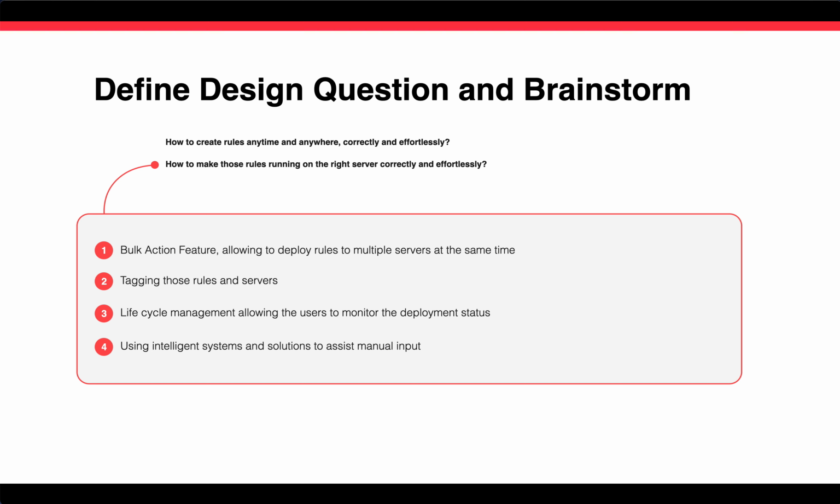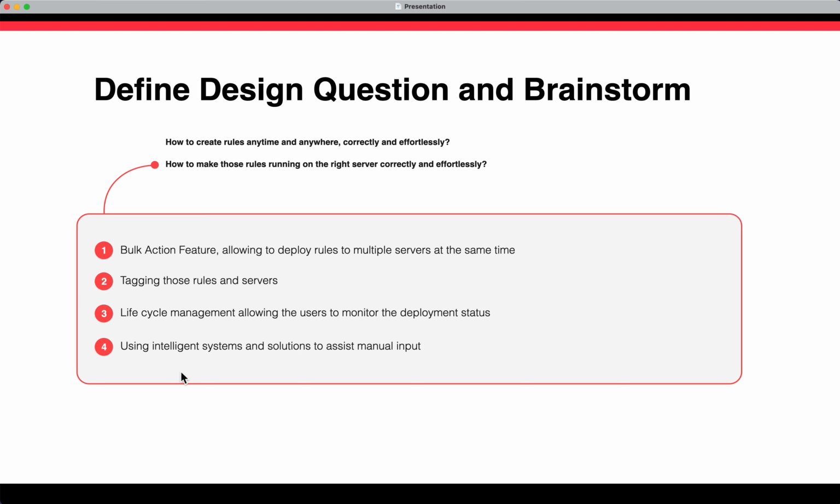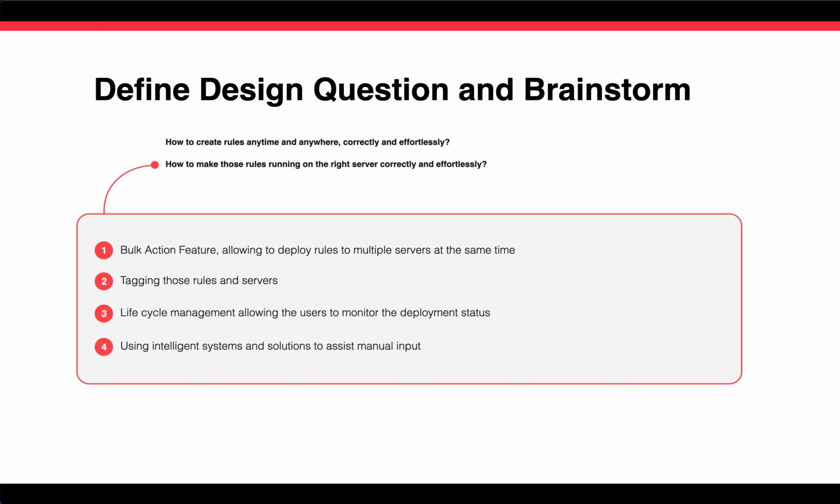For the second question, I came up with a lot of ideas. Some ideas are like bulk action, some are a tagging idea, and we probably also have life cycle management, a dashboard, something allowing the user to monitor.